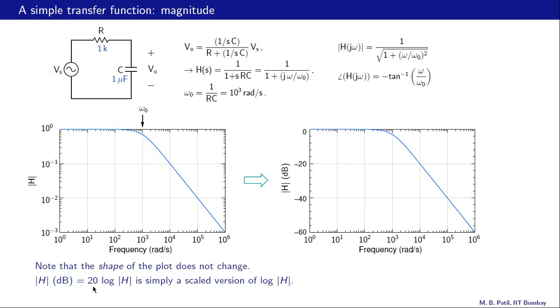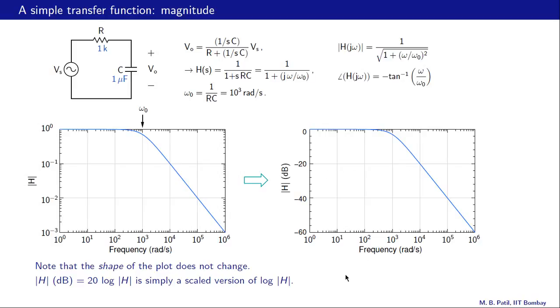So there is therefore a 1-to-1 correspondence between these two graphs. For example, mod h equal to 10 raised to minus 1 here, what does it correspond to? 20 times log of 10 raised to minus 1, which is 20 times minus 1, which is minus 20. So this point is in fact over here, and so on.